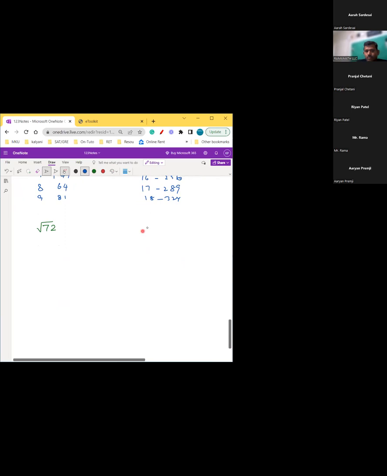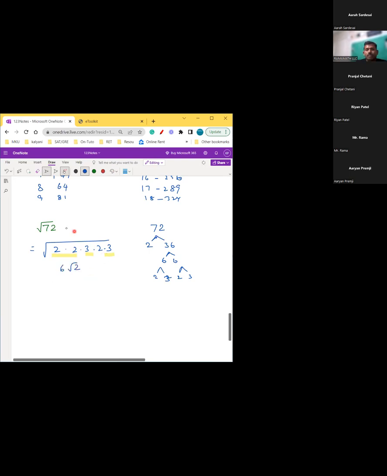So what you've got to do, probably you guys did this in 4th or 5th grade, is kind of like prime factors: 2 times 36, and 36 is 6 times 6, so 2 and 2 and 2 and 3 and 2 and 3. It's just like prime factors, but you don't need to go all the way down there. I'll tell you a little easy way. You look for the group of 2s.